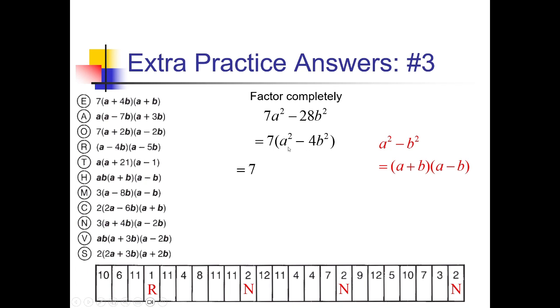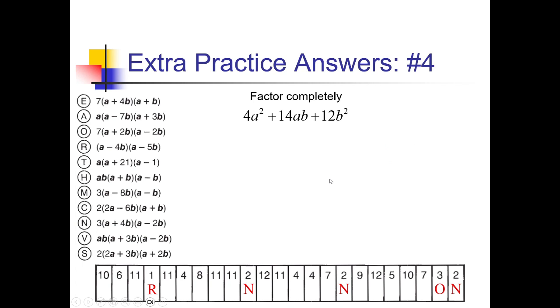So the square root of a squared is, of course, just a. Square root of 4b squared is 2b, so I've got a plus 2b and a minus 2b. So we need a 7 and a plus and minus 2b. That's right here. That's an O. So that's going in spot 3.